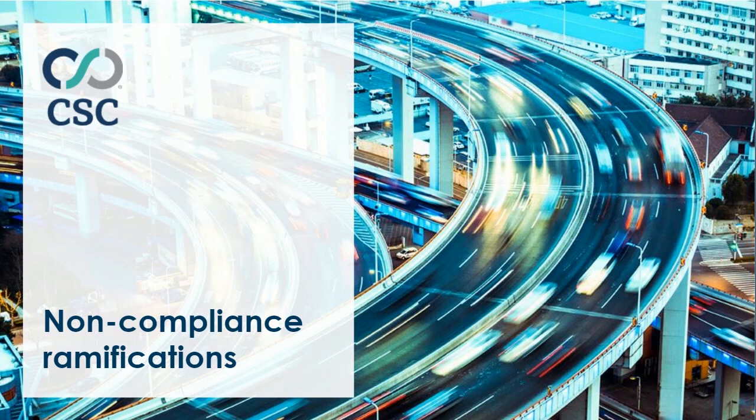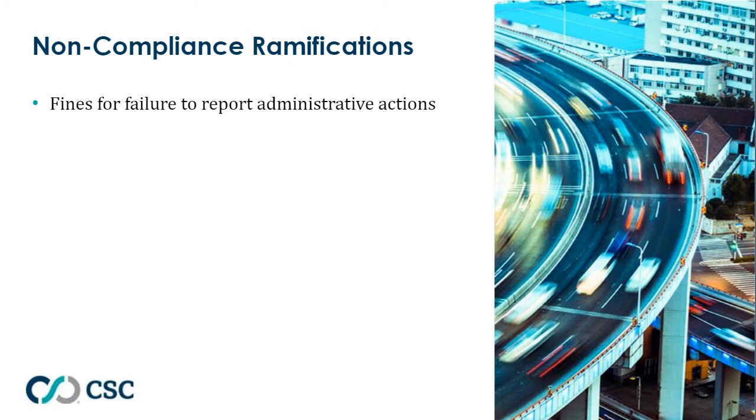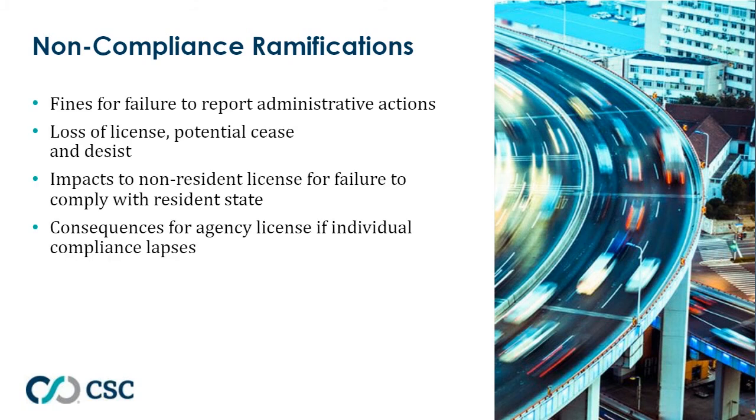So the first type of penalty or consequence that we see in this space is, as you just mentioned, failures to report those administrative actions. Without great processes in place, you might have individuals going ahead and filing their own licenses, and maybe they don't want to report an action or don't want to take those appropriate steps. Well, that can really come back and hurt you in the long run. You could have fines and penalties that come from failure to report those administrative actions or report them appropriately and file the right paperwork, as Brian mentioned.